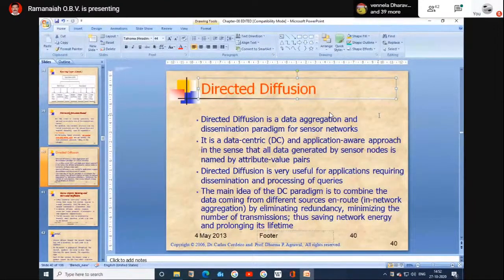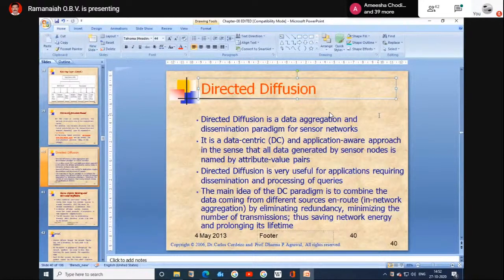It is a flat protocol. All nodes have the same role to play in the given network. Then how is the directed diffusion routing algorithm applicable? It is a data aggregation and dissemination paradigm. It is data-centric.